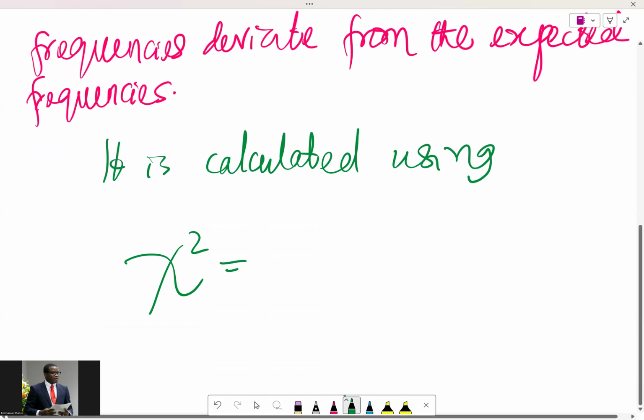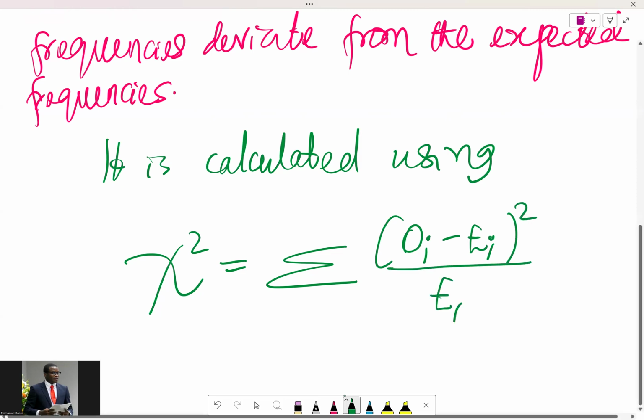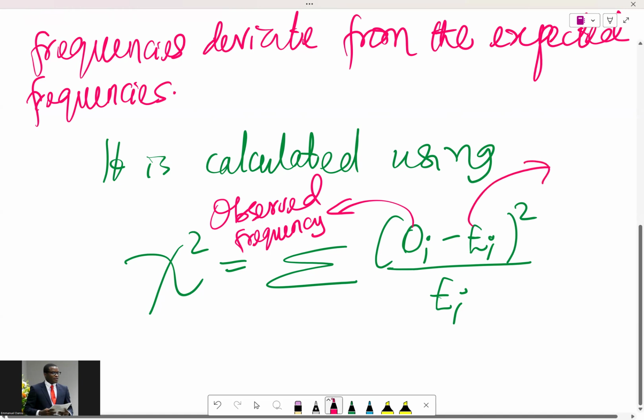Chi-squared equals summation of O sub I minus E sub I all squared divided by E sub I. Basically, O is the observed frequency for each outcome, and E is the expected frequency for each outcome.